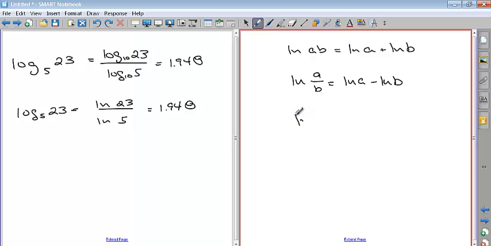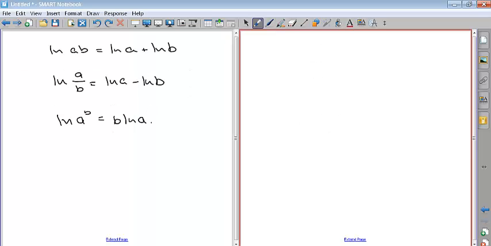And the final one, the logarithm of a to the b power is b times the natural log of a. And this applies for any base. I've done natural logs here, but if it was at the base 3, you could do that. So because of that, you can expand logarithms.